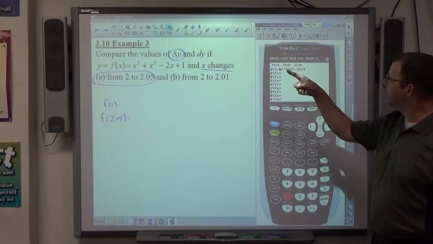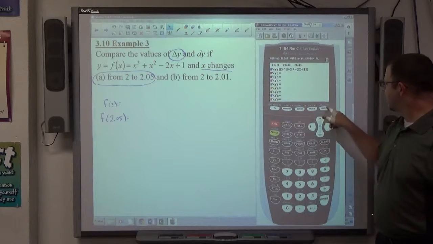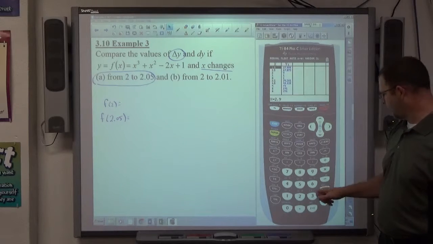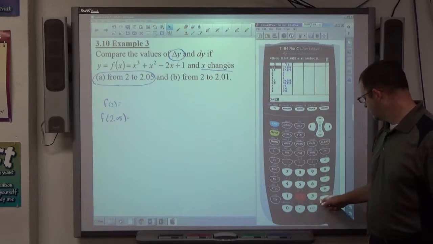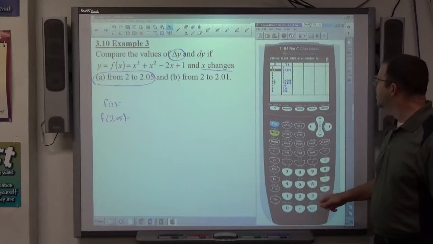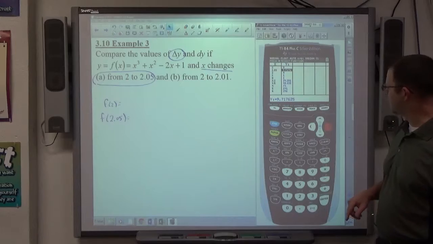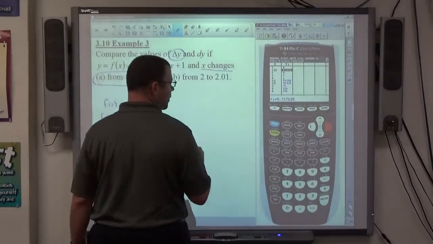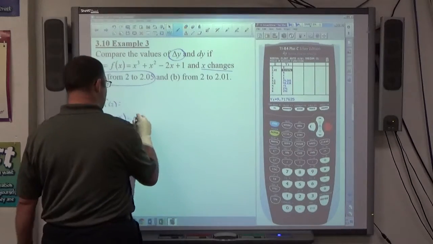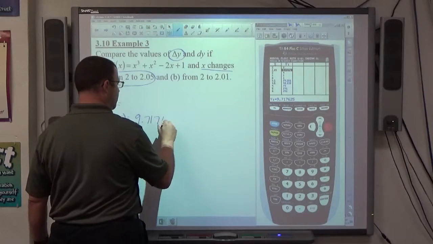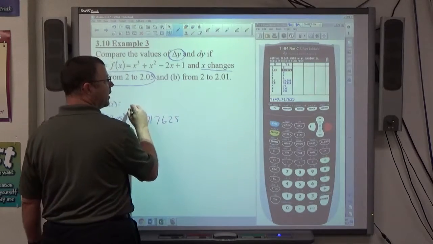I verify I typed it correctly, go over to my table, and the numbers I want are 2 and 2.05. That gets me 9 and 9.717625. We'll go all decimal places since there's a terminating decimal there.